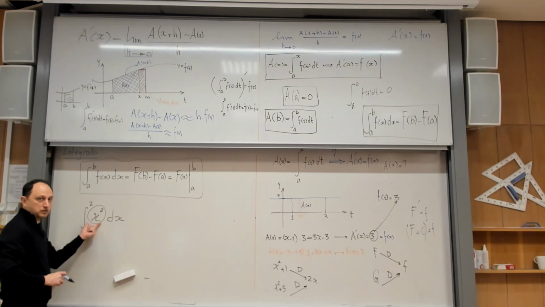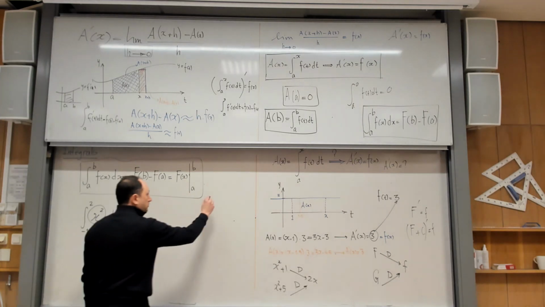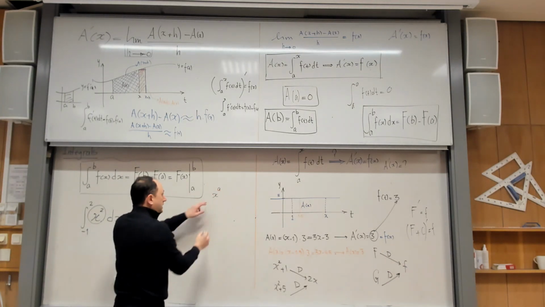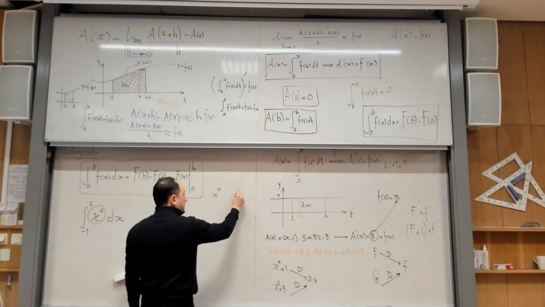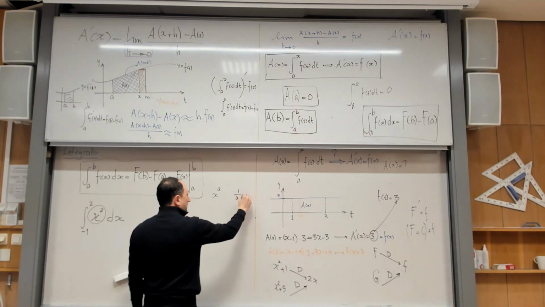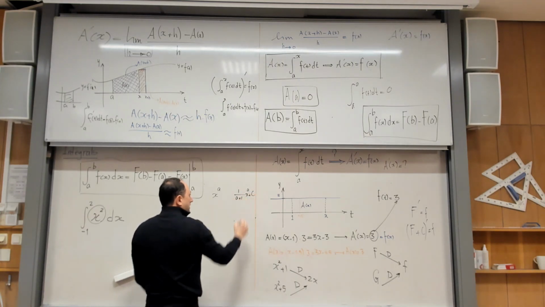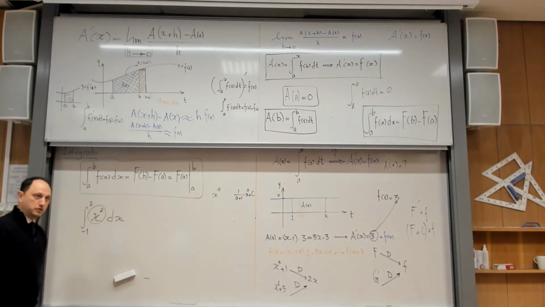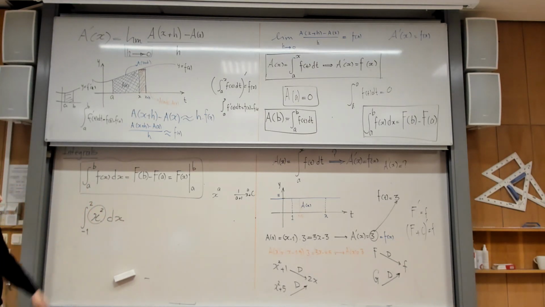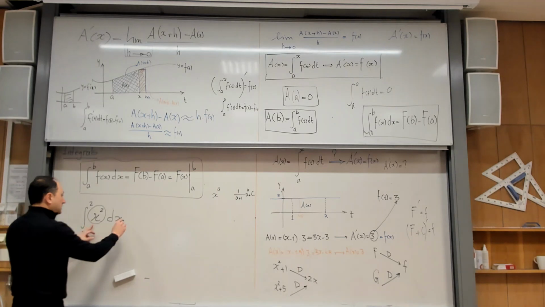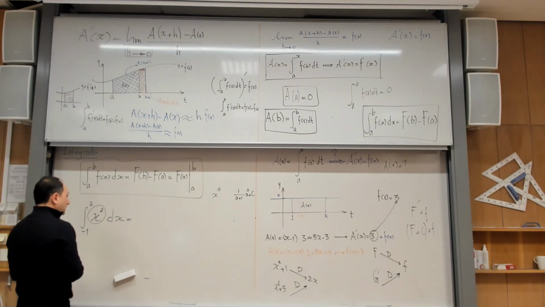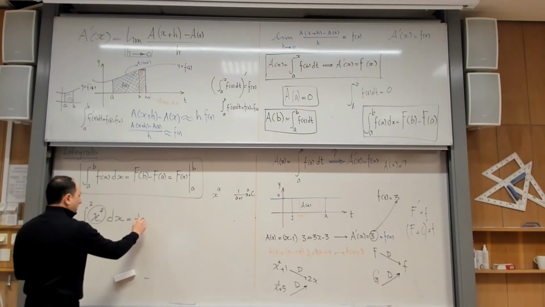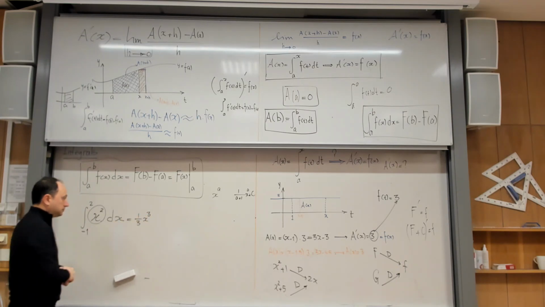Yes? x to the power of 3 divided by 3. So the formula, do you remember? You have it in the formula sheet. It was x to the power of a gives 1 over a plus 1, x to the power of a plus 1. A constant is not needed because what we need is just a primitive function, so I can consider c to be 0. And then it becomes 1/3 x to the power of 3.